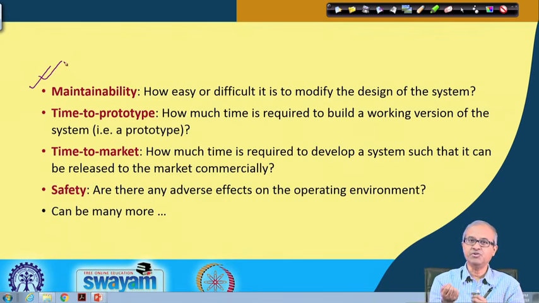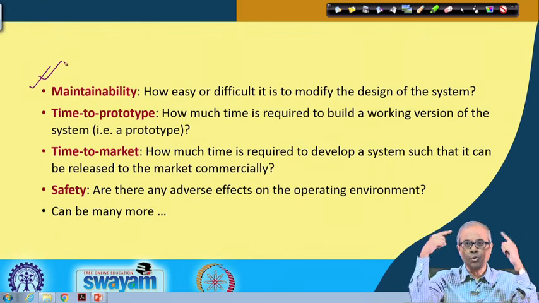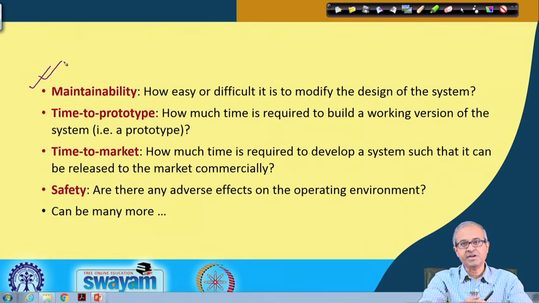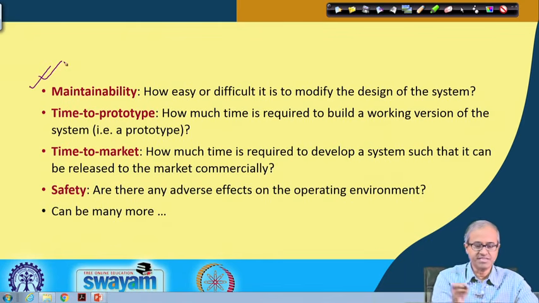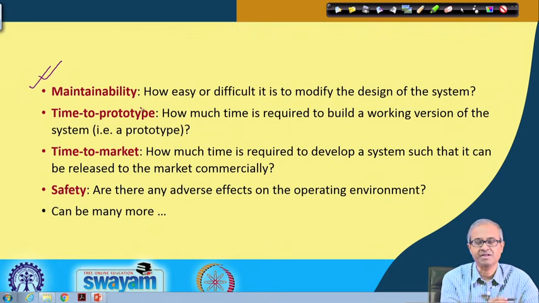So, you can control the AC machine even from your mobile phone or laptop by installing some apps. Is it possible for the older system to adapt to this new technology? Can you modify this design so that this added functionality can be incorporated? This is what we mean by maintainability.